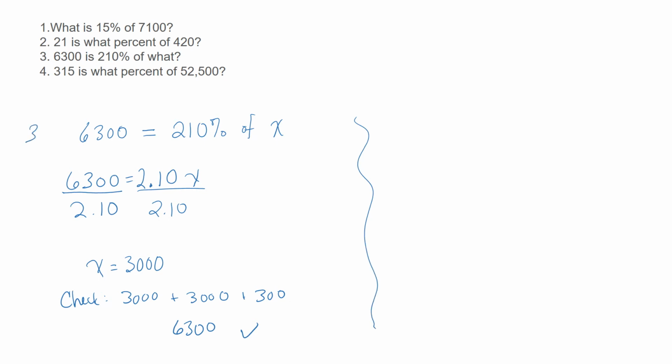So that was 3, 4. 315 is what percent of 52,500? Okay, now when I get this, I'll have to change my answer back to a percent because calculation gives me a decimal. So 315 equals 52,500 times x.